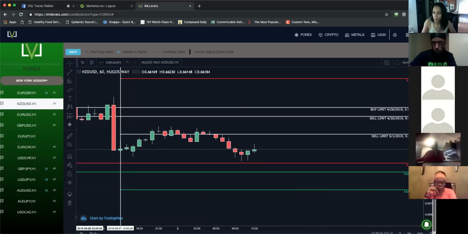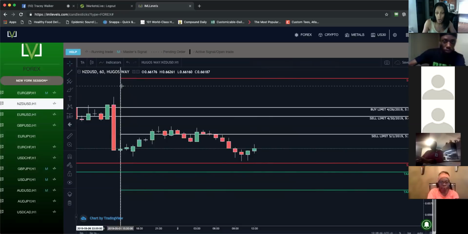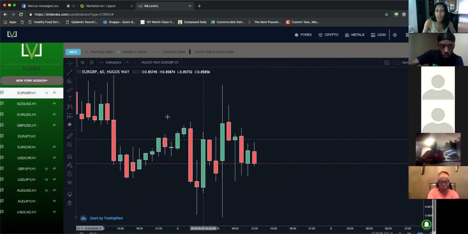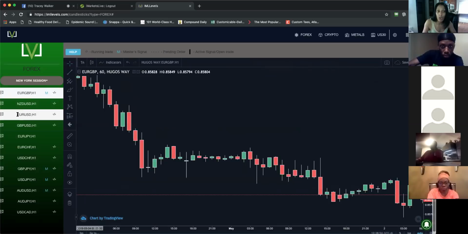Okay. So sell limit, that means, well, let me do this first. This vertical white line is like a wall. That's what we're looking for. We're looking for this line right here to show up because this is our signal. Remember, we were on Euro GBP and I said we don't have anything, right? Why don't we have anything? Because we don't have a signal.